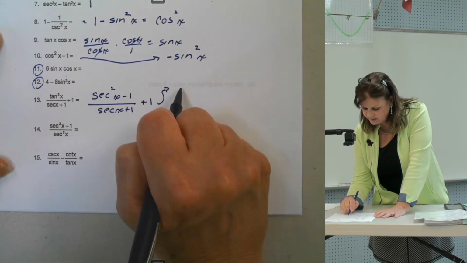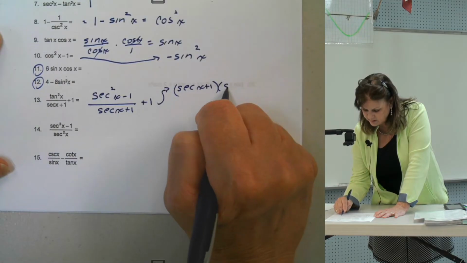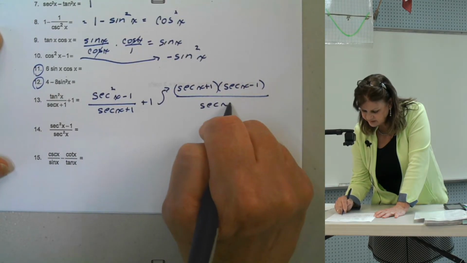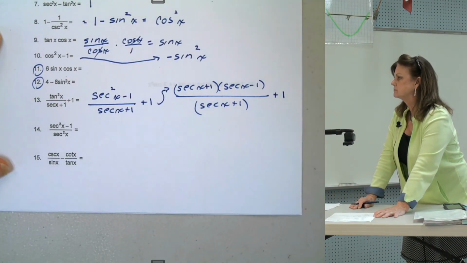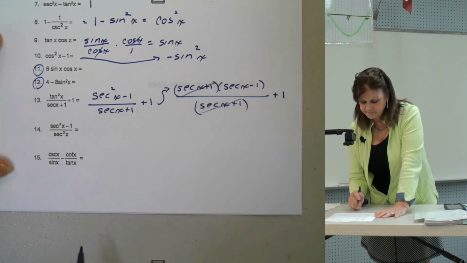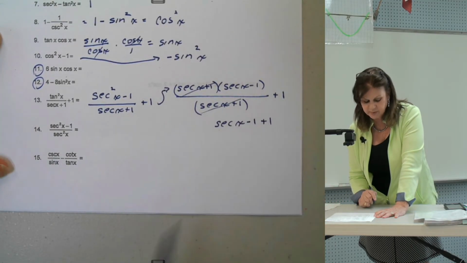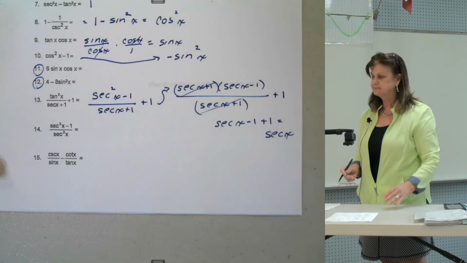So now we have secant x plus 1, secant x minus 1 over secant x plus 1 plus 1. You've got secant x minus 1 plus 1, or simply secant x.